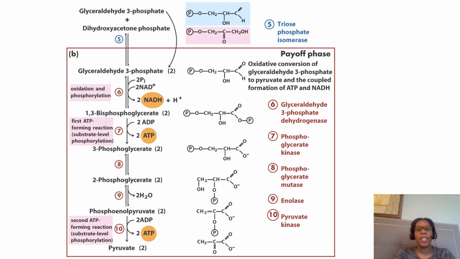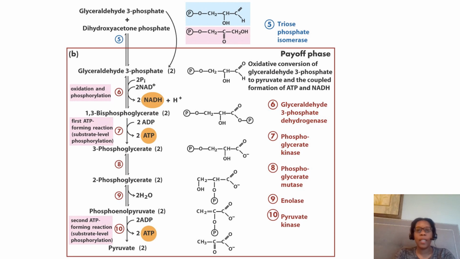So we're going to take off 1 phosphate from 1,3-BPG and create 3-phosphoglycerate. Remember, there's a reaction in there that's important. We're going to create an intermediate, 2,3-BPG. And we create 2 molecules of 3-phosphoglycerate and 2 molecules of ATP.